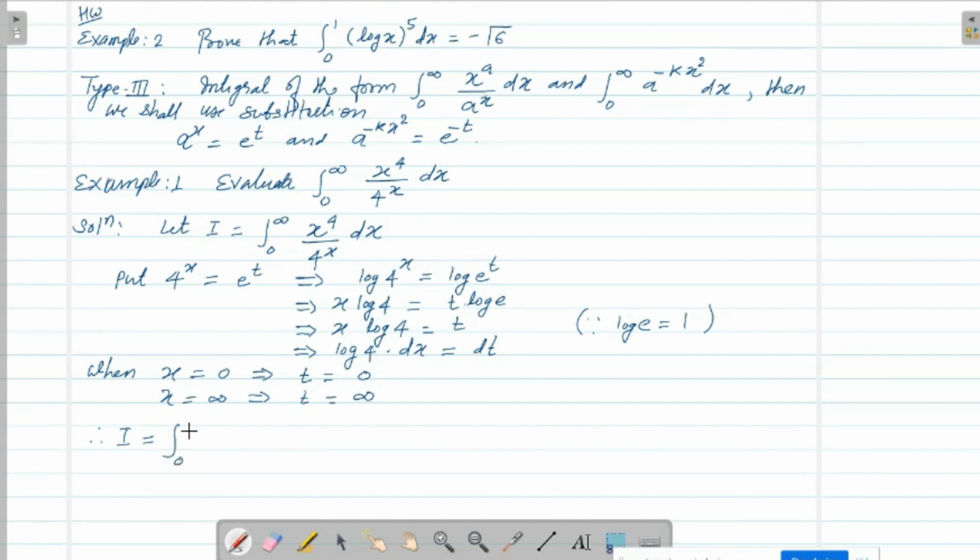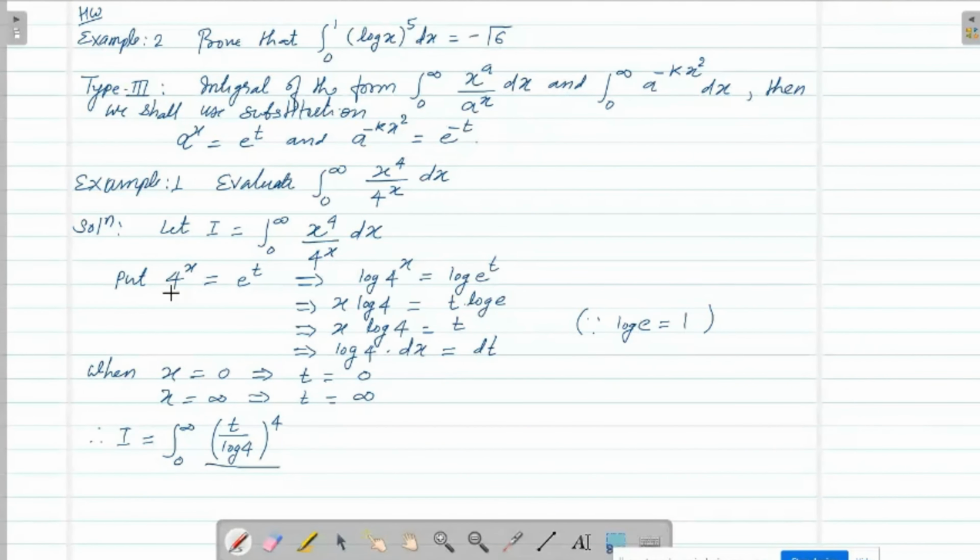Now instead of x, just find the value of x from this. From this you will get x as t by log 4. Now the power is 4, divided by 4 raised to x.